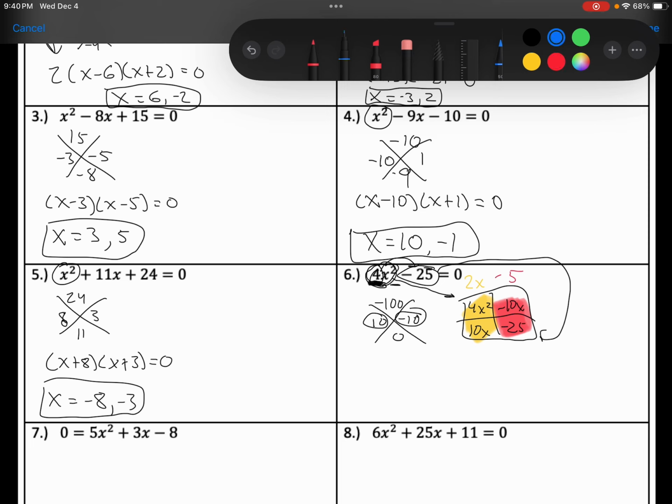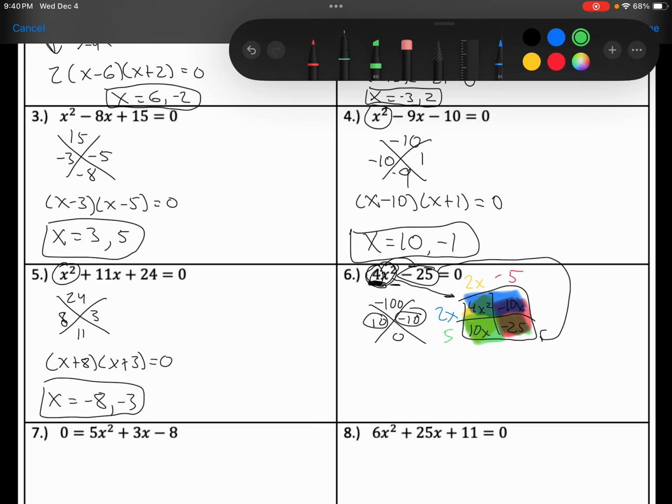Then what do 4x squared and -10x have in common? And that would be 2x. And finally, I want to see what do 10x and -25 have in common, and that would be a +5.